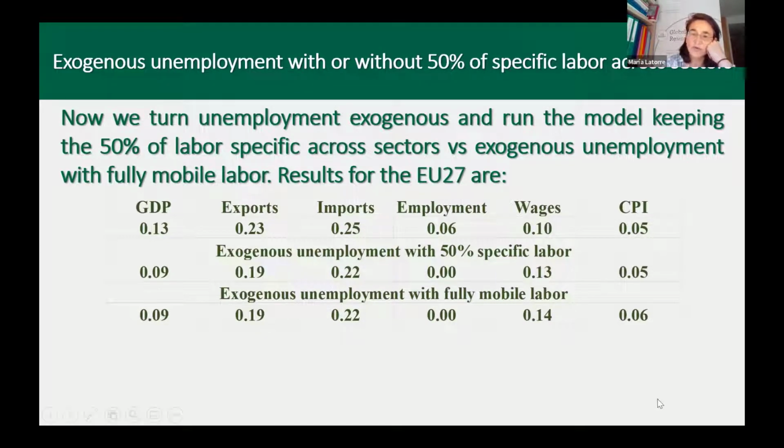Wages react more, and that is bad for firms, and this makes the impact for GDP, and also for trade, a bit smaller than in the case in which you have unemployment. And this is very common in the literature.